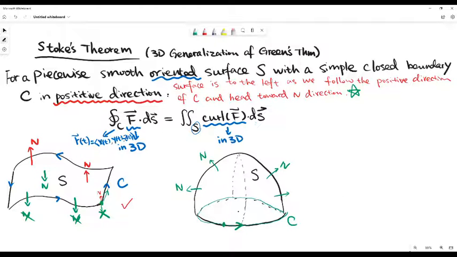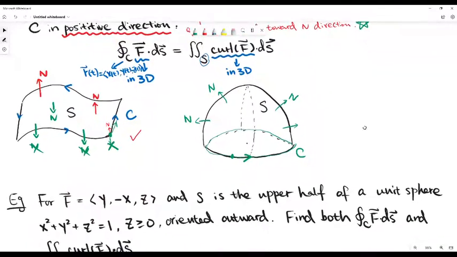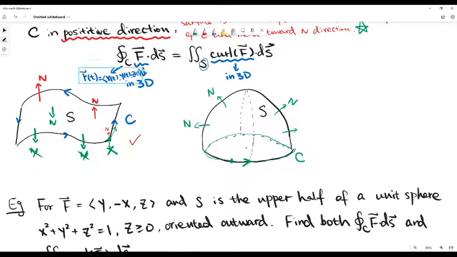Now let's look at some examples on how we really compute this kind of integral using Stokes' theorem. So Stokes' theorem basically tells us we can evaluate a line integral to find the answer for a surface integral, right? Or we can evaluate a surface integral to find the answer to this line integral.